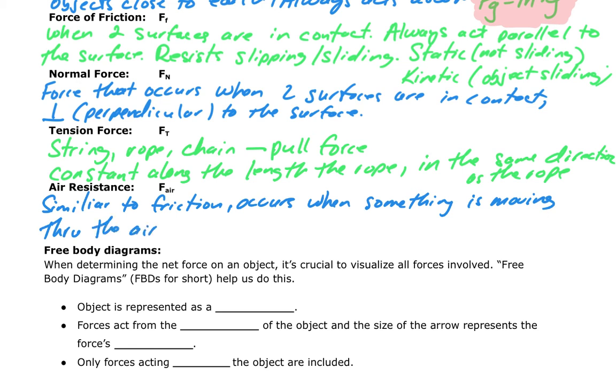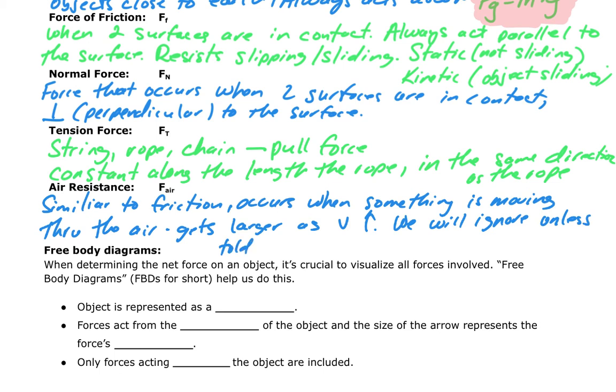Okay, and it'll get larger as velocity increases. So for the most part, we will ignore this unless told otherwise. For right now, most of the problems we're going to ignore air resistance.